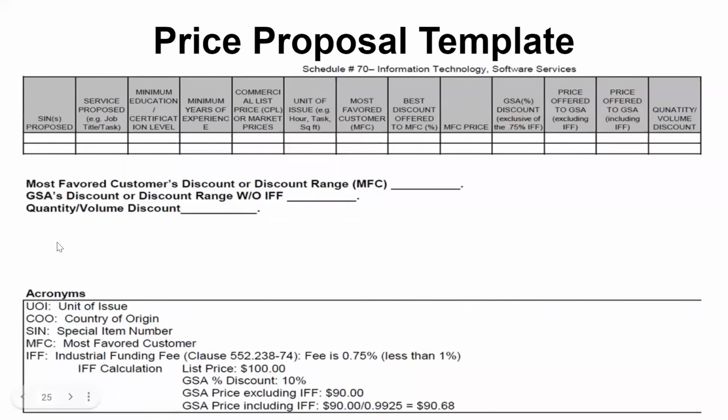That's all I have. Brian, do you have anything you would like to add? No, I think you hit everything spot on. It is a very straightforward document, and this is a good example if you're proposing services. The only thing I would say is, by all means, if you're capable of offering additional discounting, whether within the quantity and volume or the prompt payment aspect, discounts are never going to hurt you, especially as new offerors on schedule.